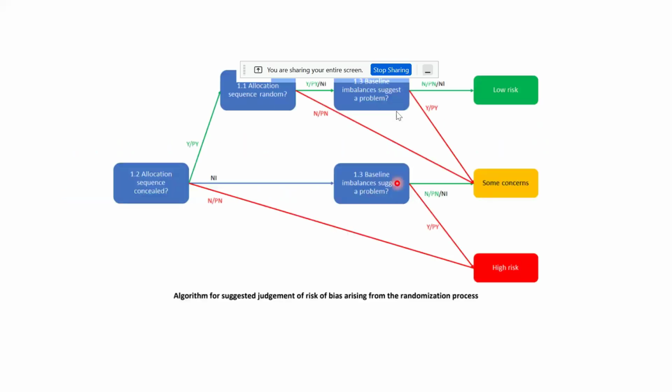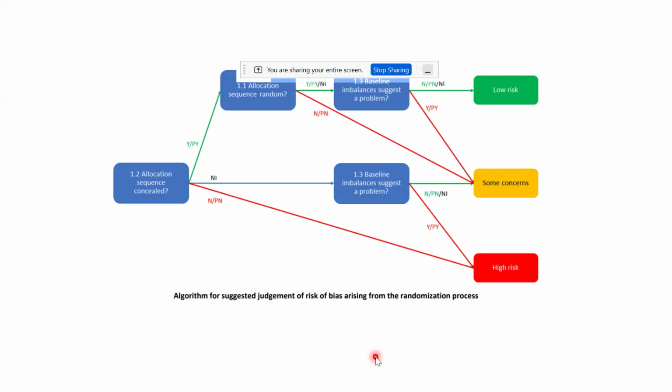So this is the algorithm for the bias arising due to the randomization process. I also want to mention where you will get this document where you will assess the risk of bias. When you're doing clinical trials, the RoB2 crib sheet is freely available online.